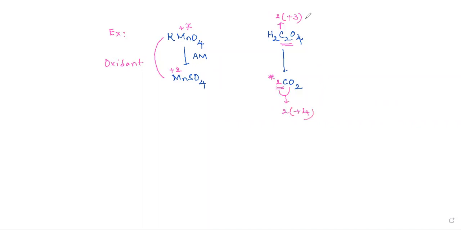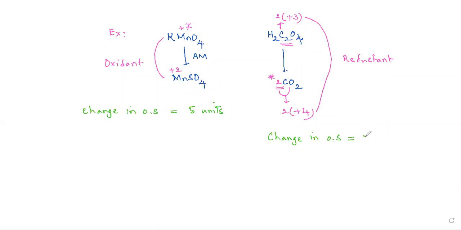Now, overall, anyway, this has undergone oxidation. So it is a reductant, right? In this case, the change in oxidation state can be given as 5 units. And here in this case, the change in oxidation state is 2 units, right? Plus 6 to plus 8.